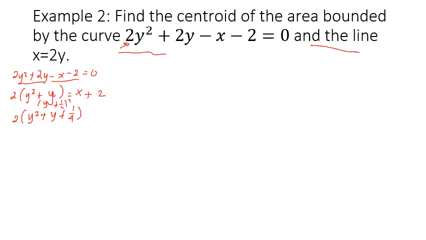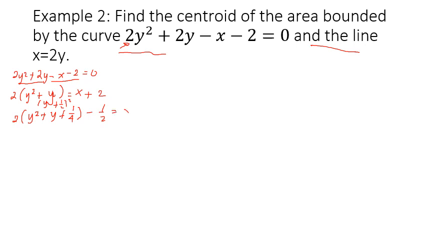So if I added 2 all over 4, which is 1/2, I need to subtract 2 all over 4, which is 1/2. The equation is still the same.